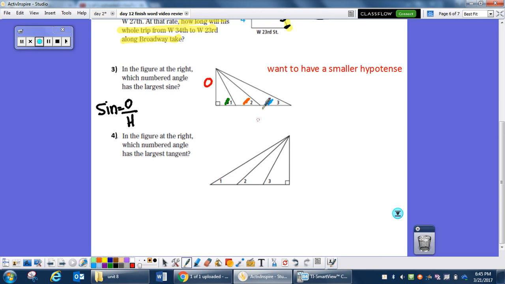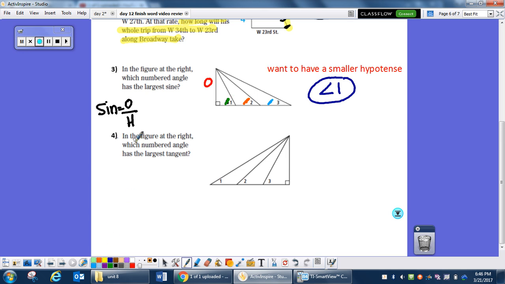And the one with the smallest hypotenuse is the angle that would have the largest sine. If you're looking at your pictures, you can see that angle 1 has the smallest hypotenuse, so angle 1 would have the smallest sine. So this is probably an extra credit question on your test. But remember, you want to divide by a small number, so you want to have a small hypotenuse.